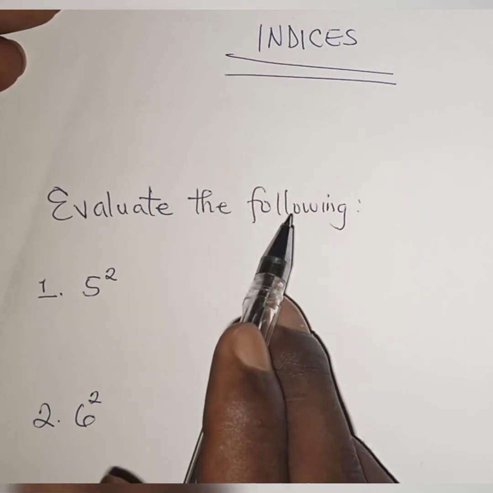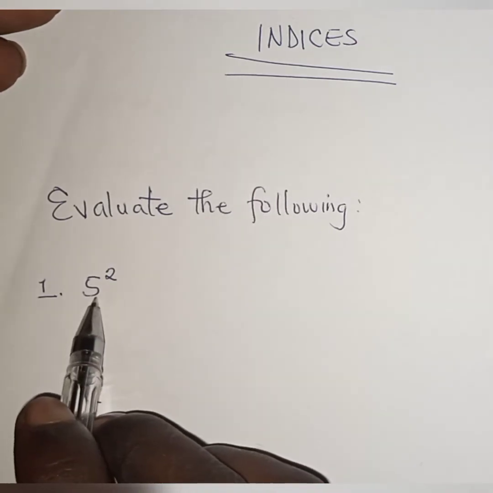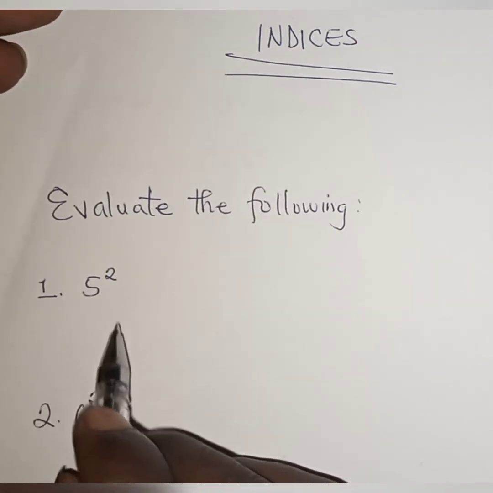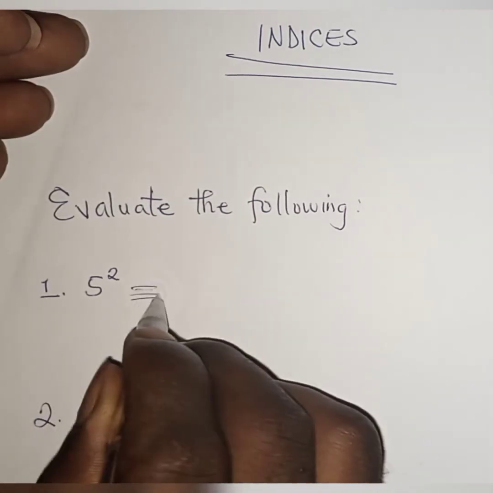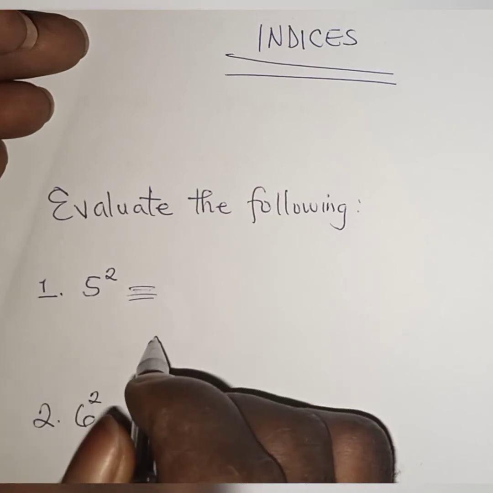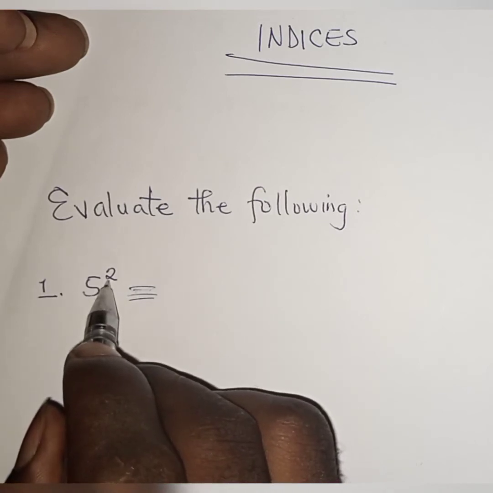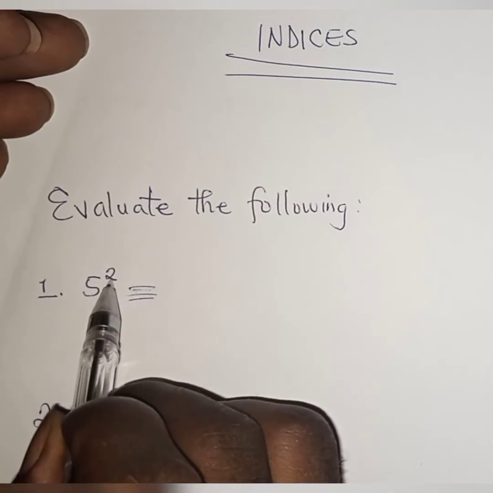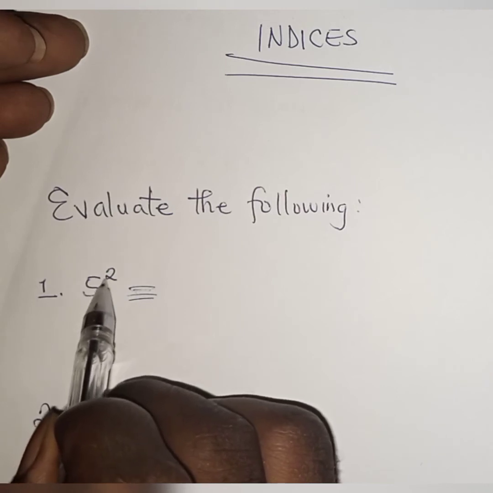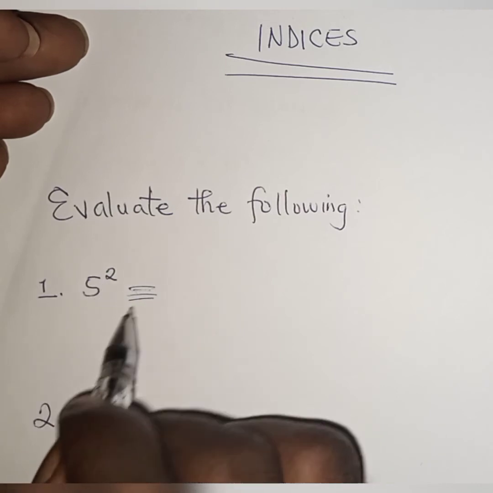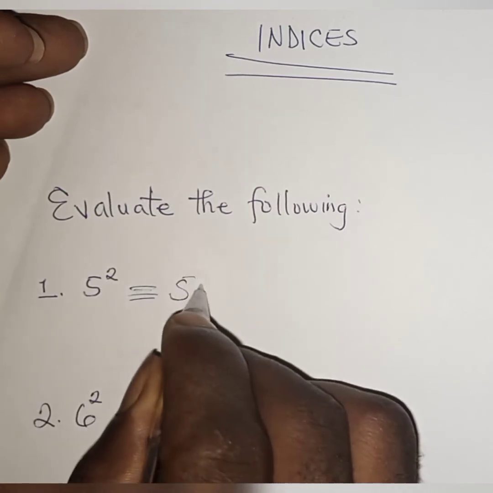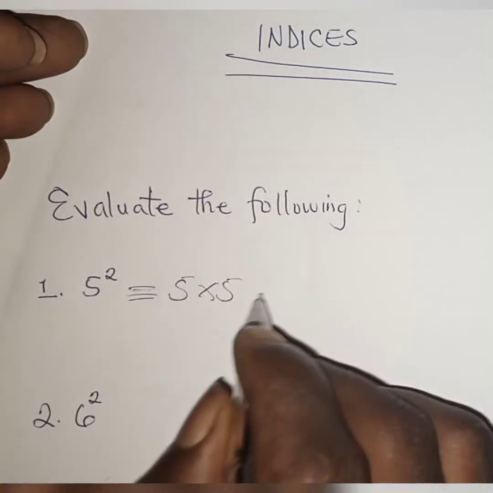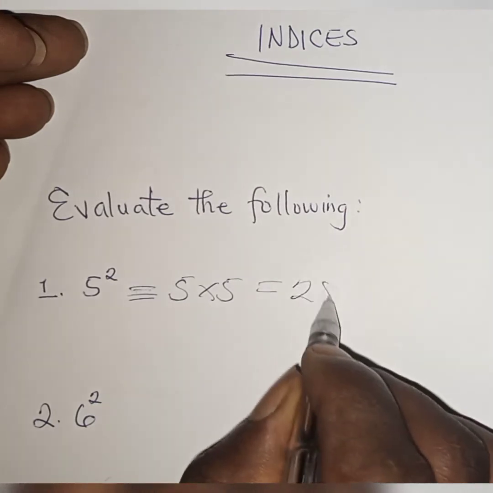We stay on indexes, and the first question is 5 square, which is very simple. As we said in the explanation, the power of 2 dictates to the number 5 how many times it should be multiplied. So 5 times 5 gives us 25.